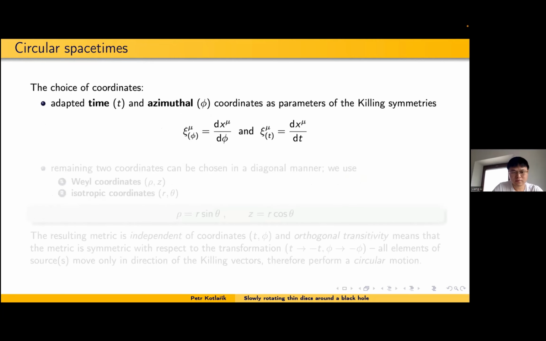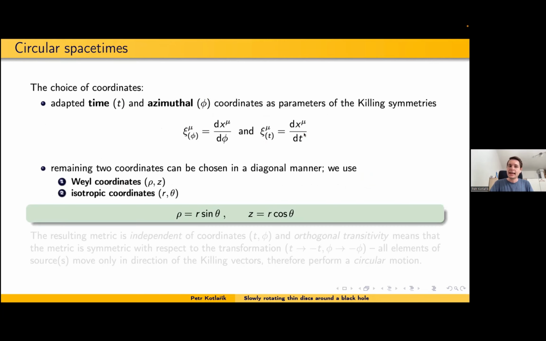We can use these symmetries to introduce adapted coordinates. We introduce the time t and the azimuthal angle phi as the parameters of the Killing symmetries. The remaining two coordinates can be chosen in such a way that the respective part of the metric is diagonal.